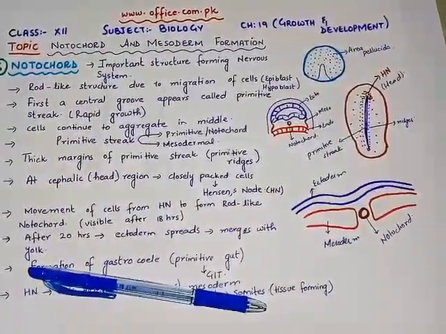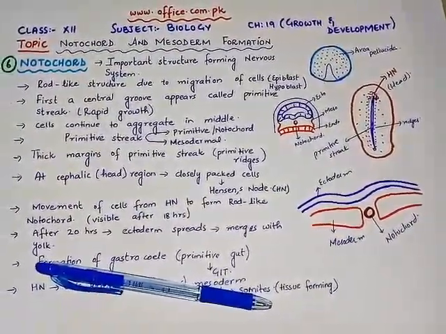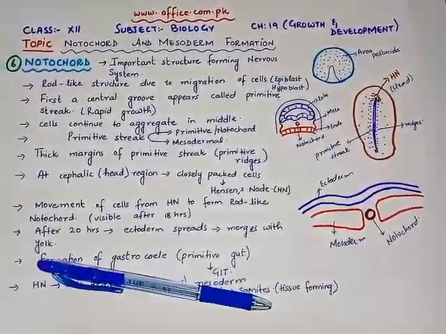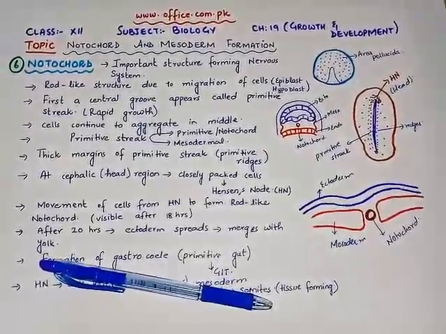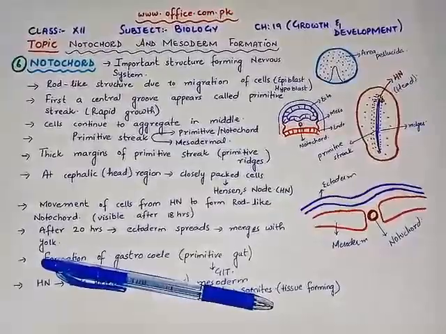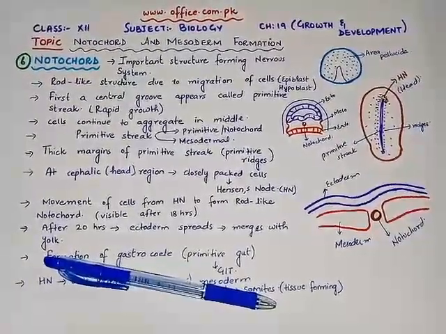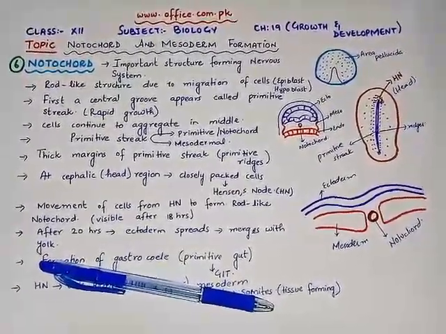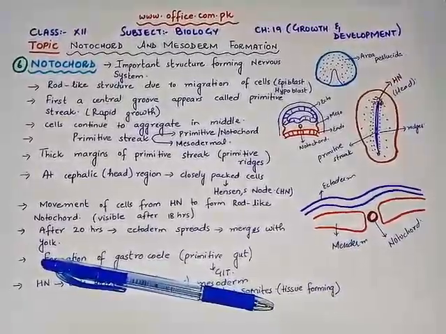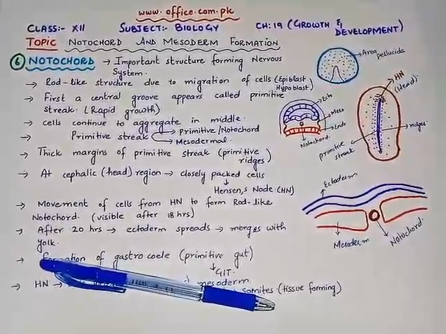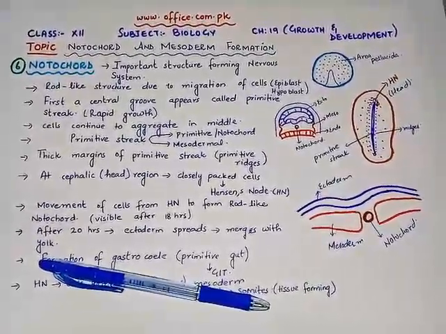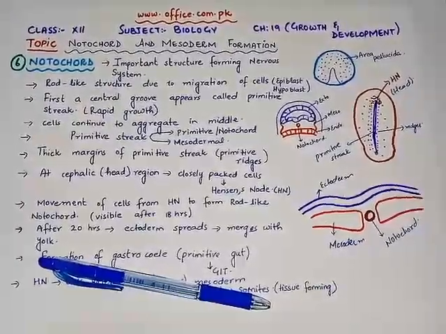So this structure is important as it gives rise to the central nervous system. Side by side, there is formation of mesoderm. Mesoderm also gives rise to a lot of systems and organs. This lecture is very important, so you have to pay very much attention to it.